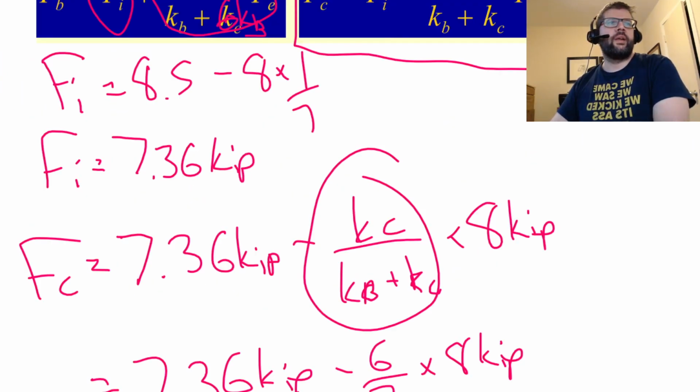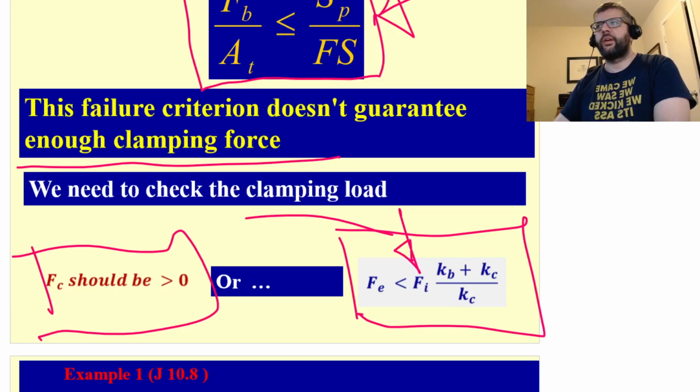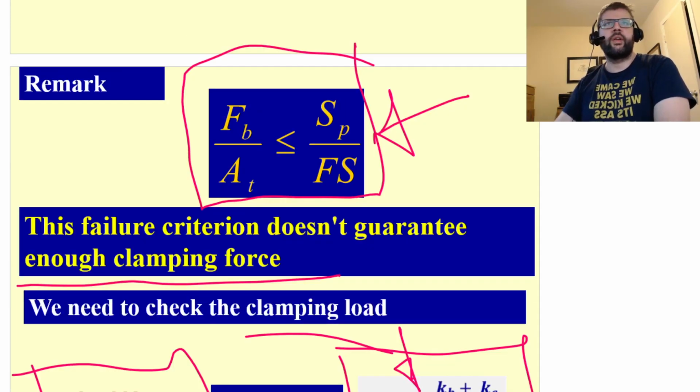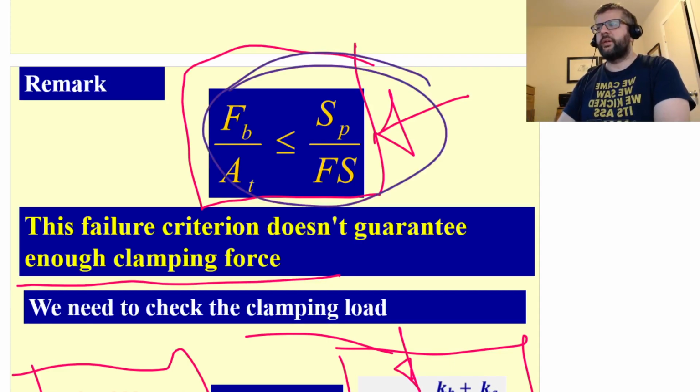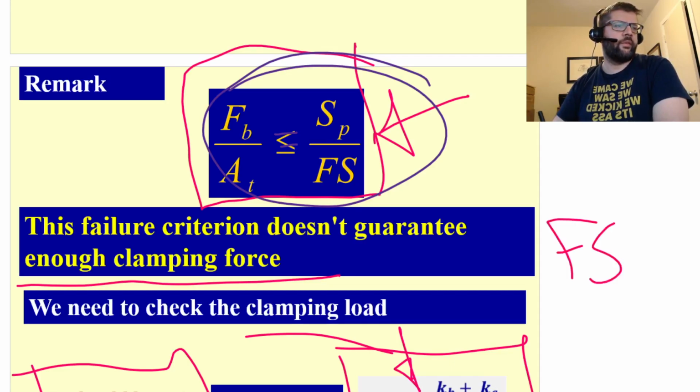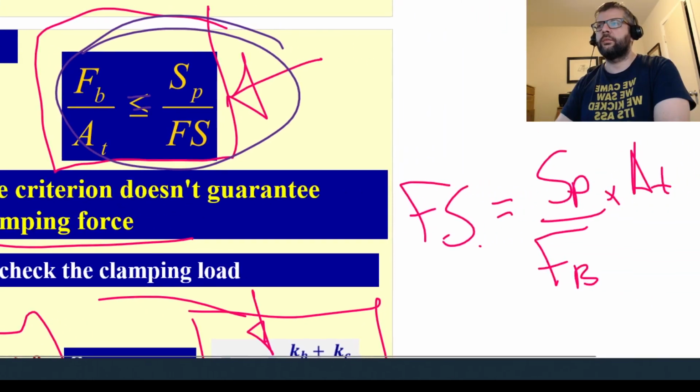So what are we looking at here? Our failure criteria is based upon our proof strength. If we want to figure out our safety factor, just those things would be equal. So solving for our factor of safety, it is going to be the proof strength times the At, divided by the force in the bolt.